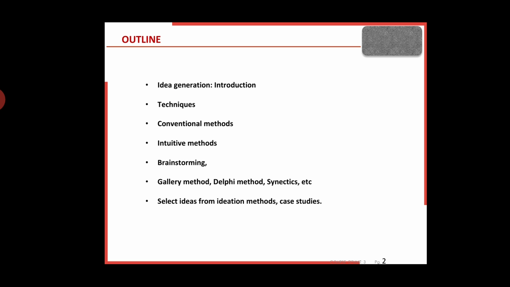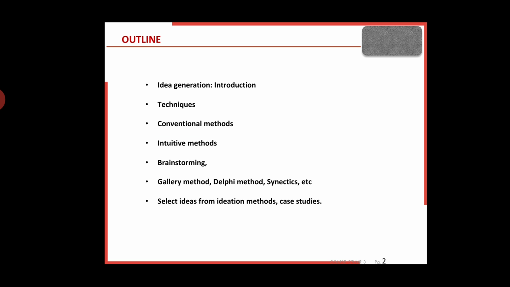The first topic is the introduction of idea generation: what is an idea, and which ideas you have to generate for the purpose of product or innovation thinking. This is the concept of idea generation.